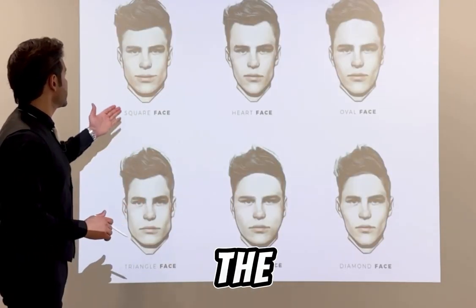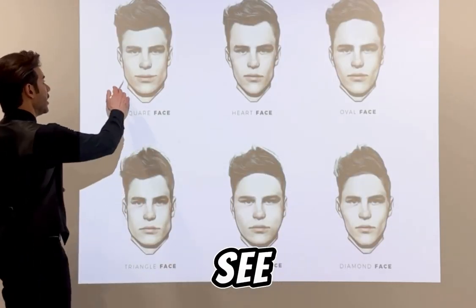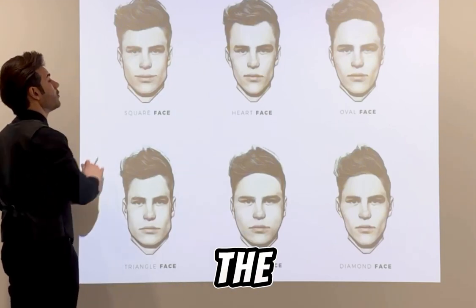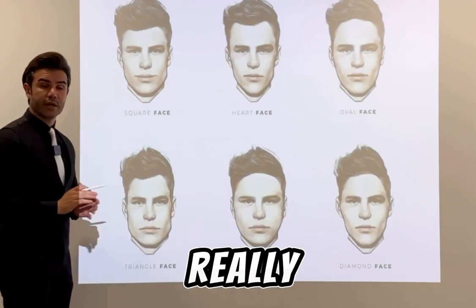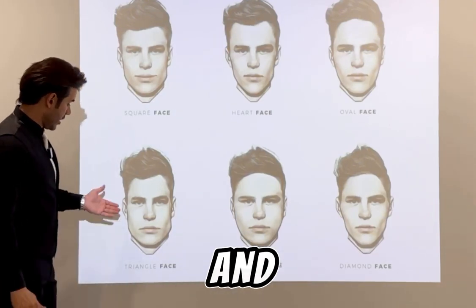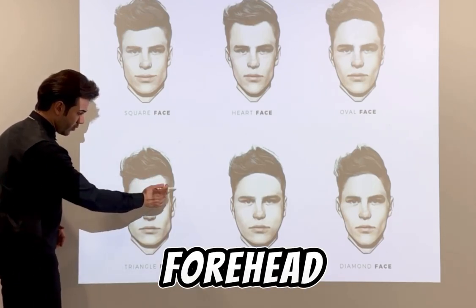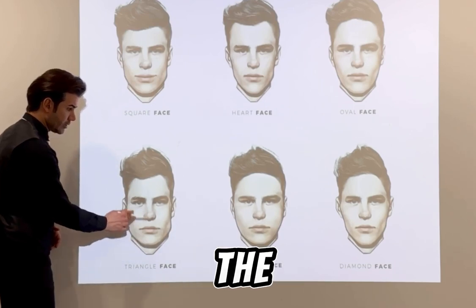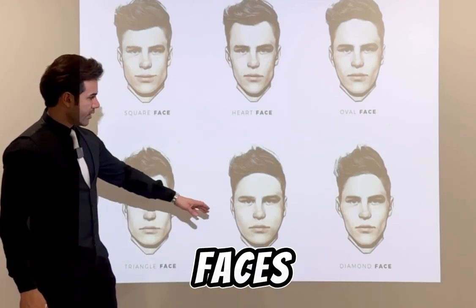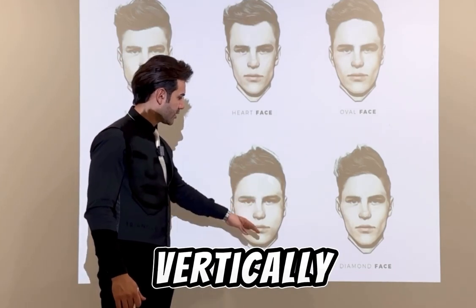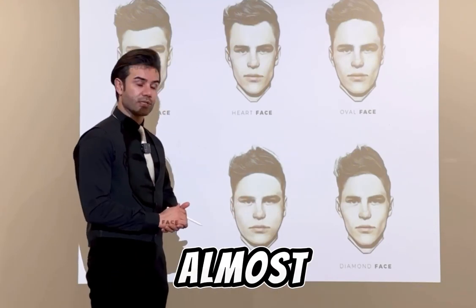So here is the square face, as you guys can see. At the chin and the forehead, you can see it's really angular. And about the triangle face, you can see again the forehead and the pointy cheekbone. On the round face, vertically and horizontally is almost the same.